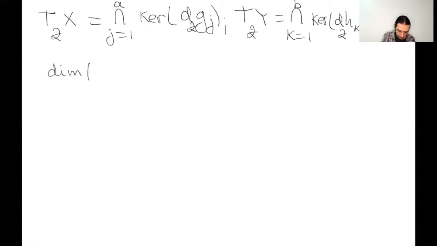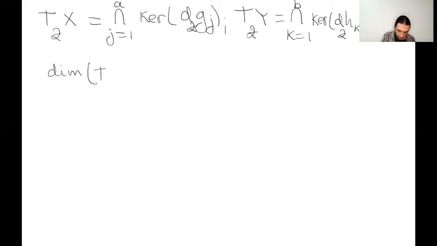But we have to understand now that there is a formula that relates, for two linear subspaces of a vector space of finite dimension, the dimensions of these subspaces, their intersection, and the sum.